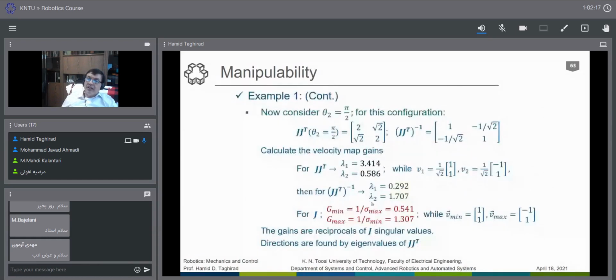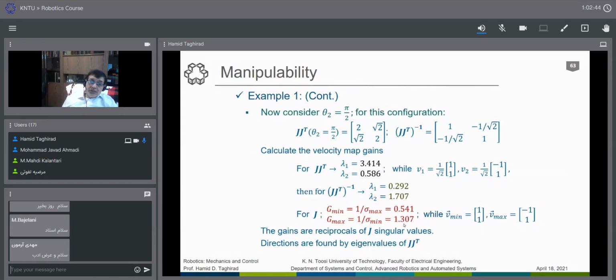Here we find that the largest singular value of J, again, is a square root of the eigenvalues, but you can find it by MATLAB directly or finding it here. Square root of the 1 over lambda max would be 0.54, and 1 over lambda min would be 1.3.